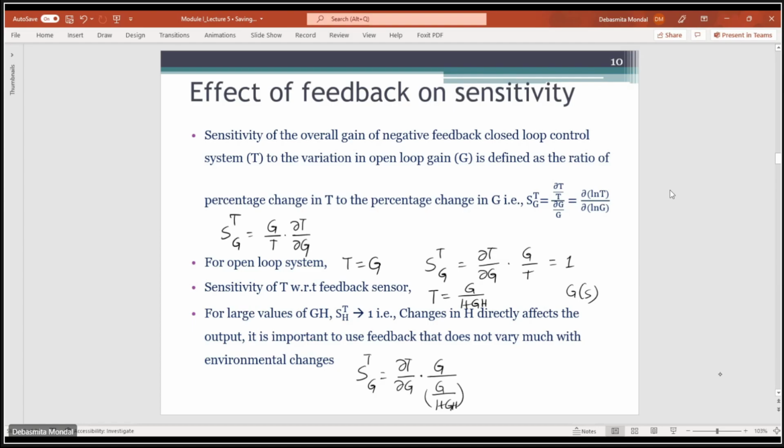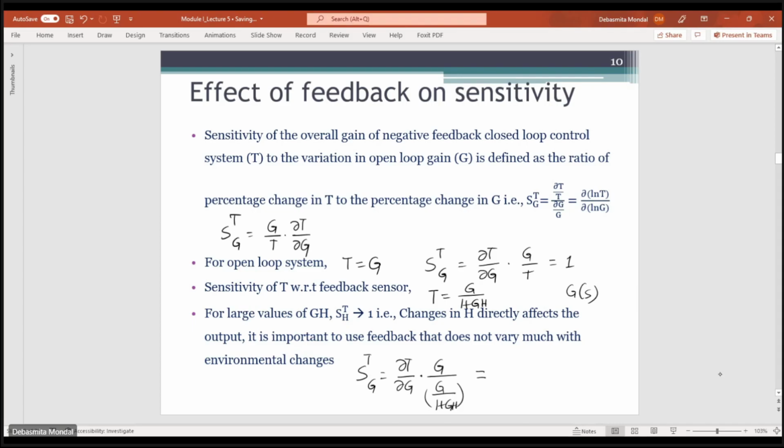If you do this del t by del g, can you tell me what the equation will be? Can you quickly do the calculation for del T by del G and then tell me the value of S_T of G? Ma'am, 1 plus GH. Are you sure? No, ma'am, sorry.